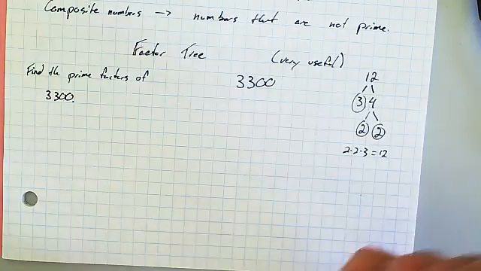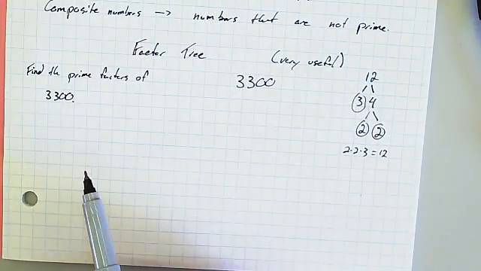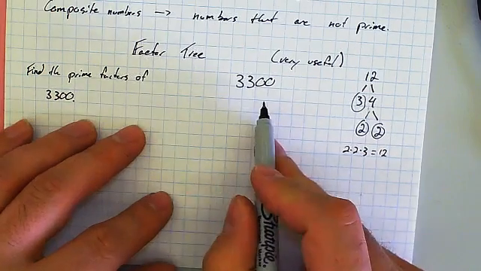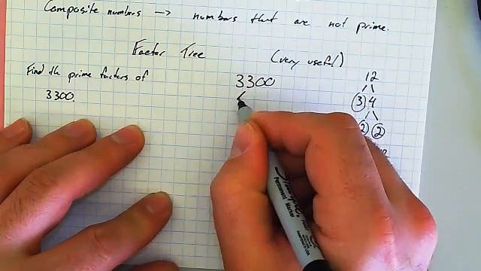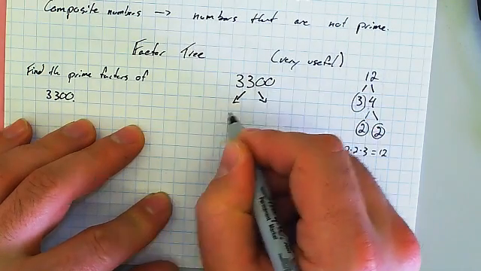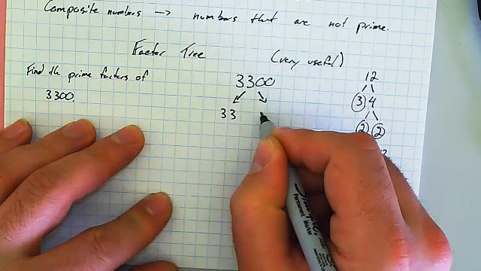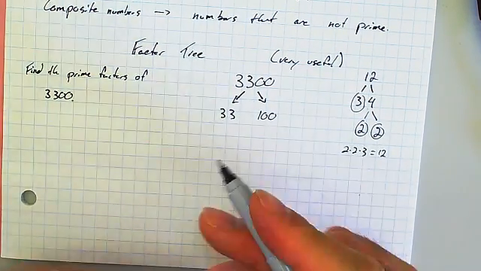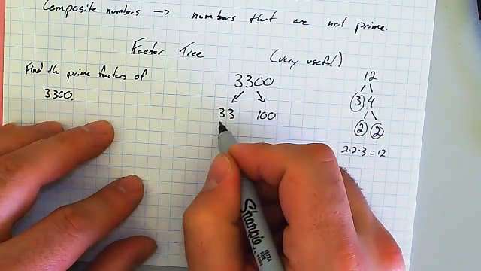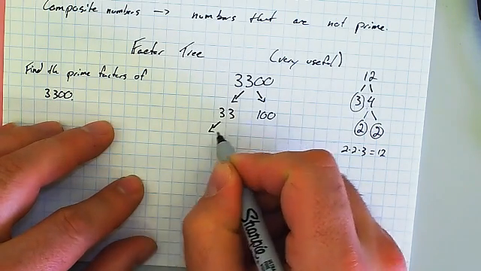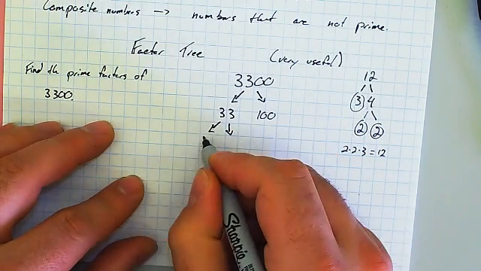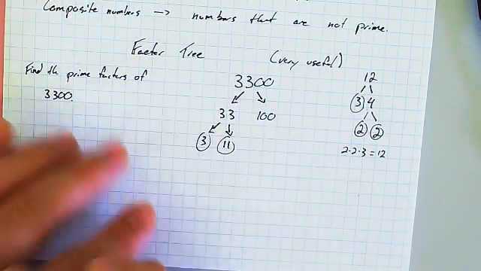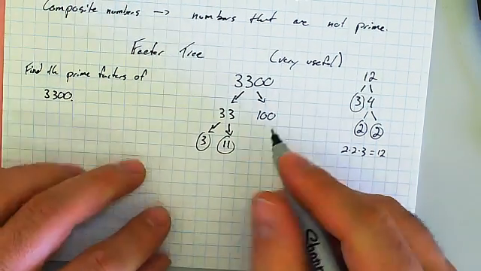If we take this a step further, make it a much larger number, like 3,300, I can break this down the exact same way. So 3,300, I can first break it down into 33 times 100. Now neither of those is prime, so I have to keep going. I'm going to start with 33. 33 can be further broken down into 3 times 11, both of which are prime, so they can stop there.